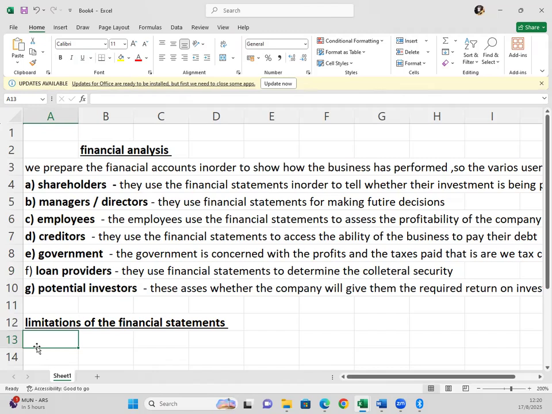Why can we not rely 100% on the financial statements? Financial accounting only tells us how the business has performed financially, but it doesn't tell us non-financial issues.